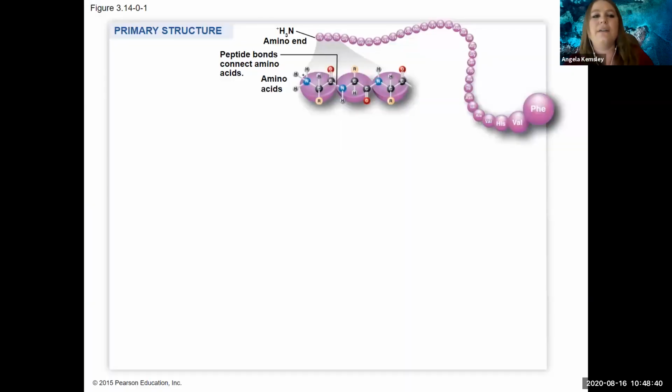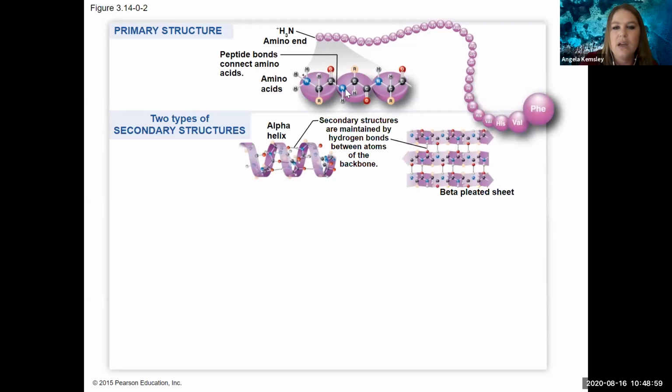So here we have our primary structure, which is the different amino acids that are linked together by these peptide bonds. So the primary structure is just going to be which different amino acids are linked together. That's our primary structure.